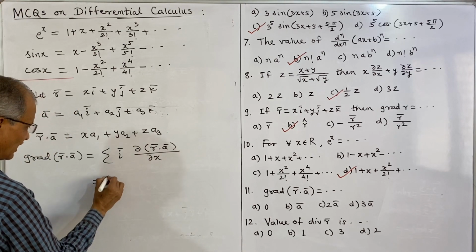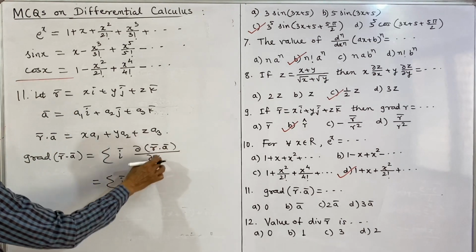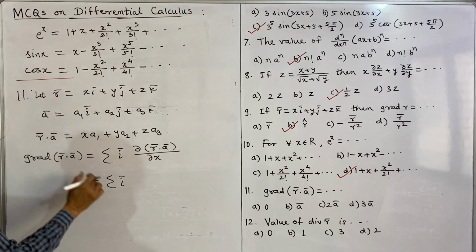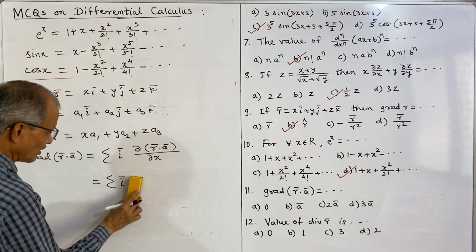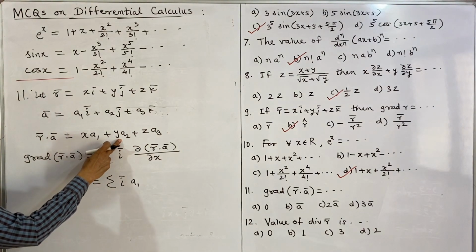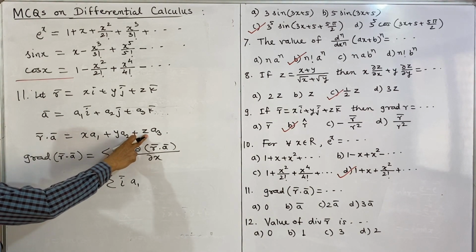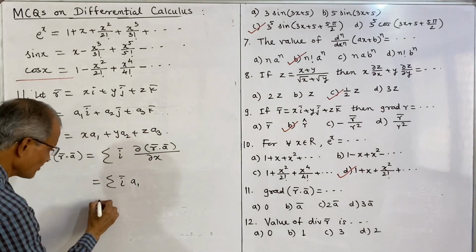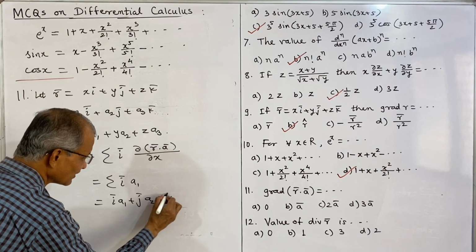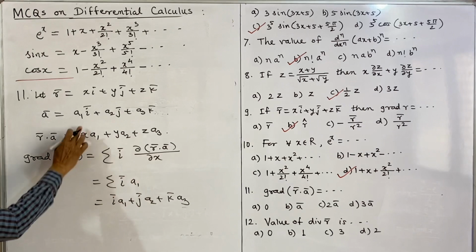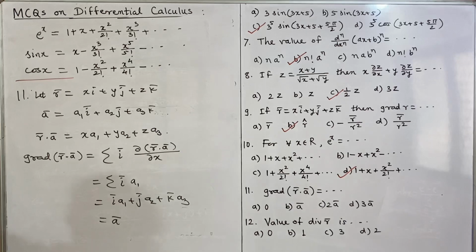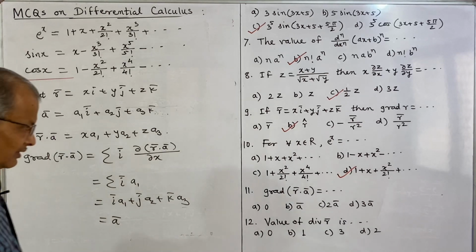The partial derivative of the first term with respect to x is a1, and the partial derivatives of the other two terms with respect to x are 0. So sigma i a1 means i a1 plus j a2 plus k a3. The components of this vector are a1, a2, a3, which is again the vector a bar. So this is the correct alternative for the 11th question.